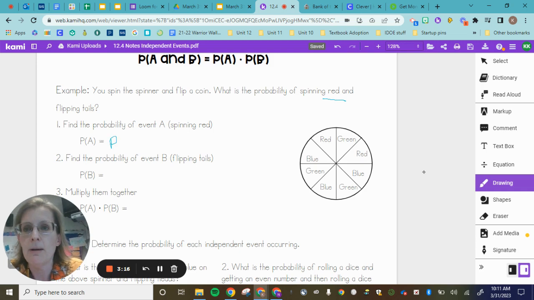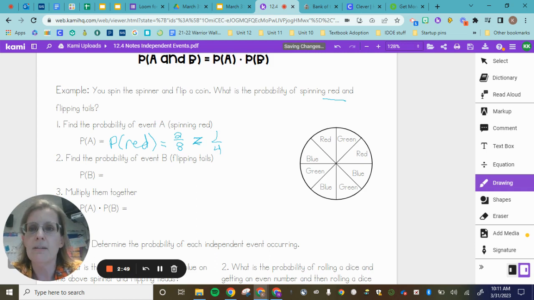So the probability of red, well, we just have to figure out how many red ones there are. There's 1, 2 red. So that's 2 out of 8 total spaces on that spinner. So 2 out of 8 will simplify to 1/4.